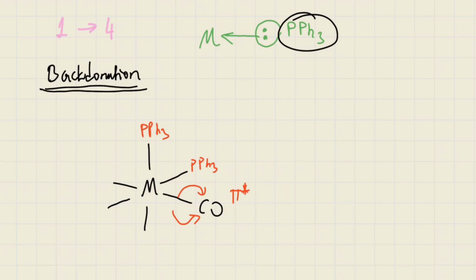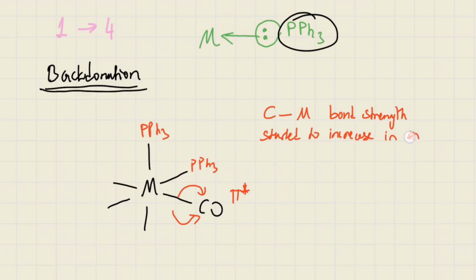And when this is the case, of course, the CO and metal bond strength starts to increase in each phosphine ligand substitution. And when the carbon and metal bond strength increases, you cannot remove the CO molecules from the complex, therefore you cannot substitute more.